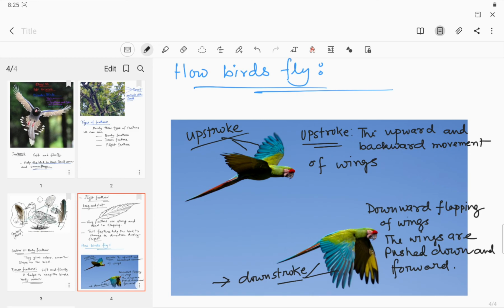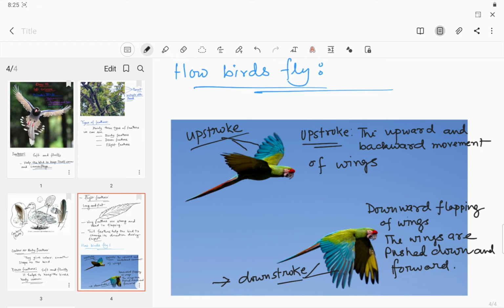Most of the birds like pigeon, crow, hen, sparrow, vulture, they all can fly in the sky. But there are some birds like emu, ostrich, penguin, kiwi, that can't fly because they have a heavy body.